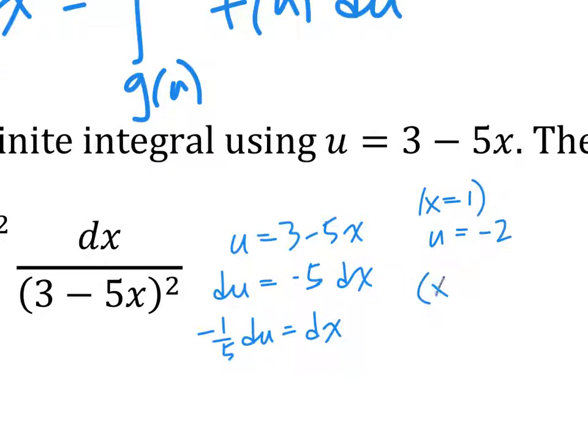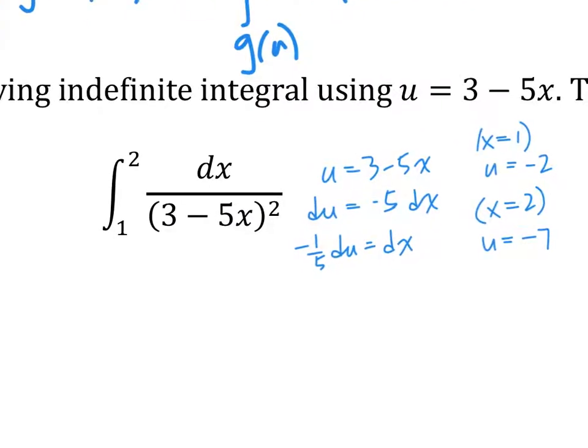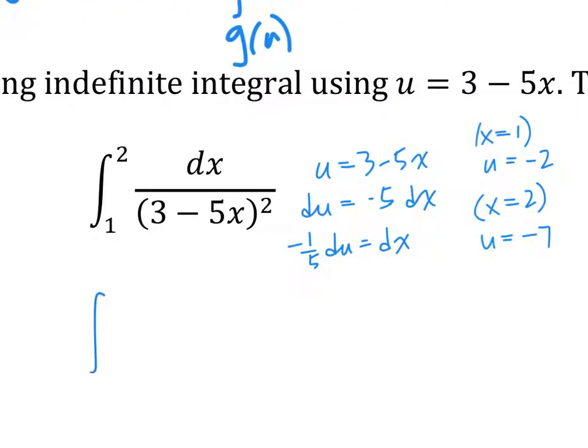Okay, when x is 2, u is negative 7. Okay, now we need to plug it back in exactly. So when x is 1, u is negative 2. When x is 2, u is negative 7.